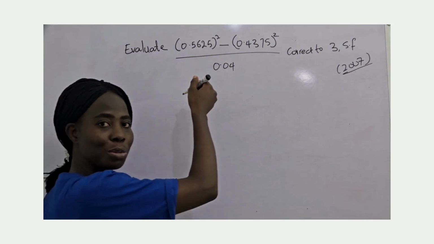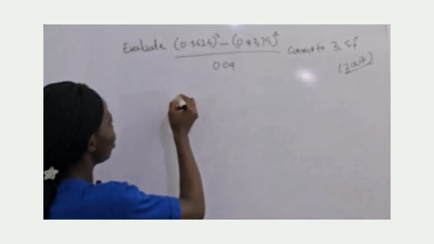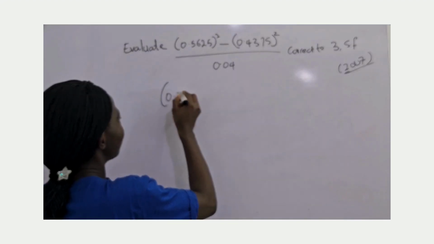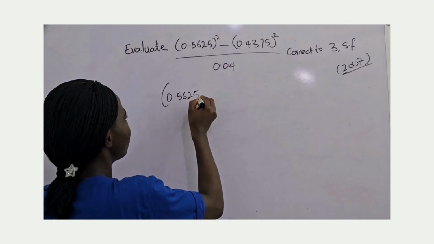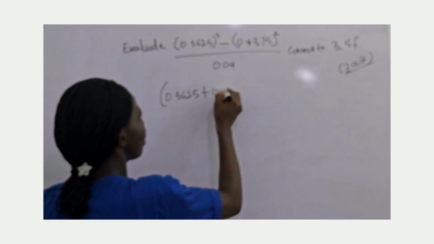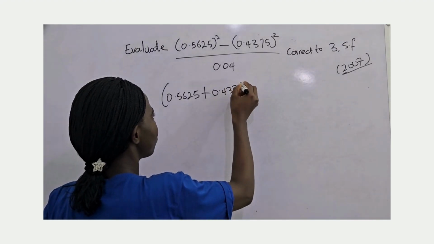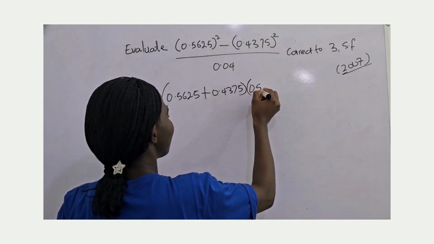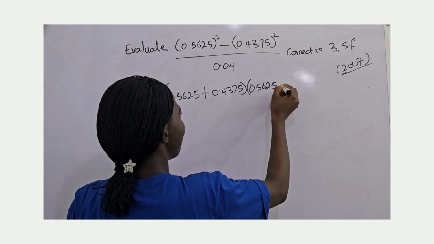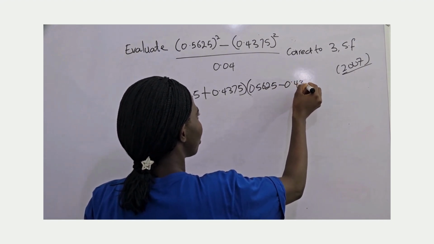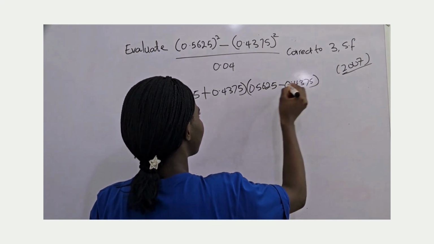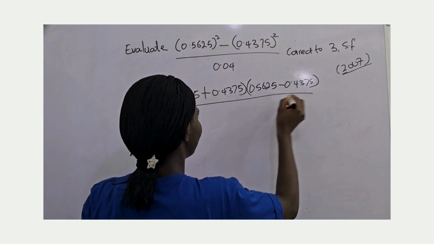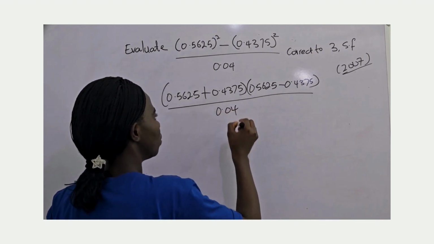So let's come back to our question. Let's apply the rule of difference of squares here. This should be 0.5625 plus 0.4375 multiplied by 0.5625 minus 0.4375. Don't forget all to be divided by 0.04.